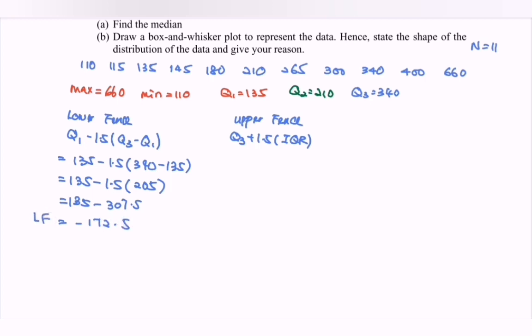Next, move on with the upper fence. So we have Q3 340 plus 1.5 multiplied by 205. So we have 340 plus 307.5.